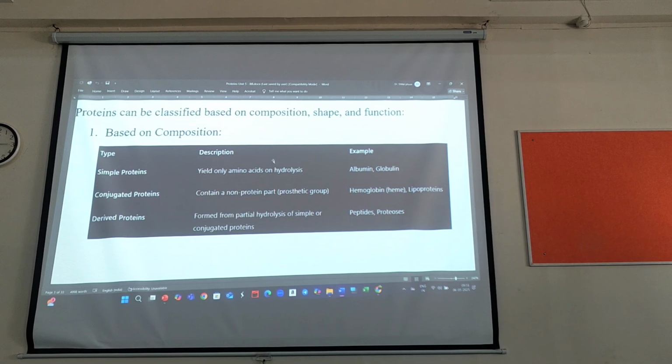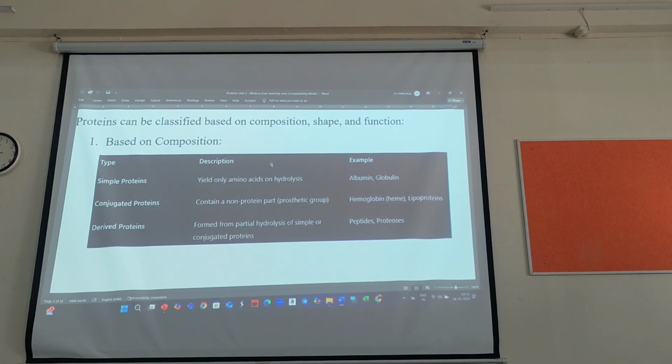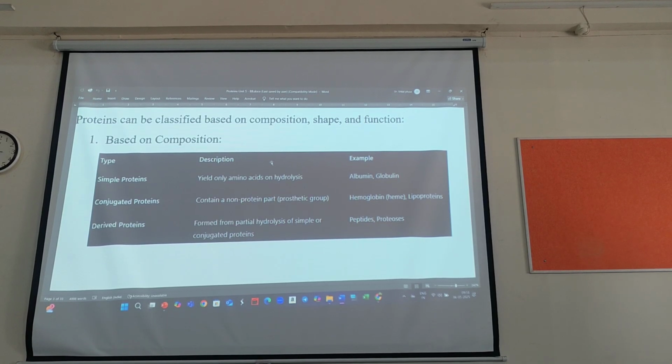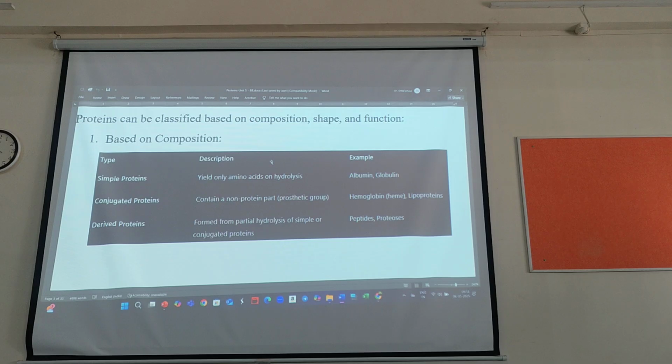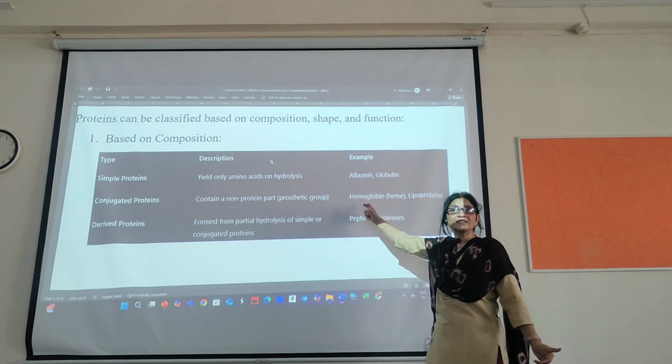Then conjugated protein means it contains a non-protein part, or you can say a phosphatic group is there. Conjugated protein means what? It contains a non-protein part and a protein part. For example, hemoglobin or lipoprotein. In hemoglobin, what is heme?